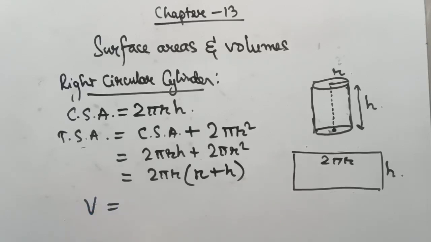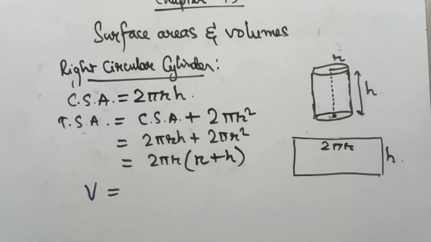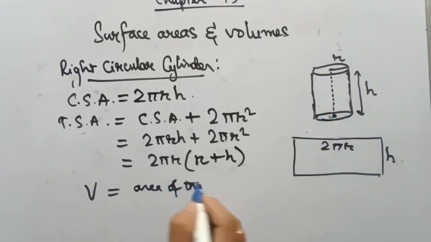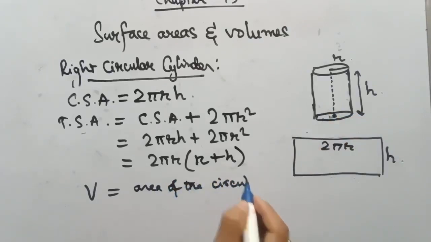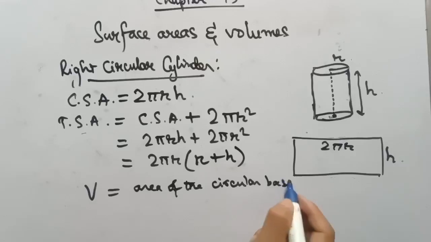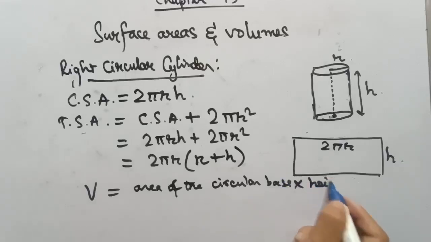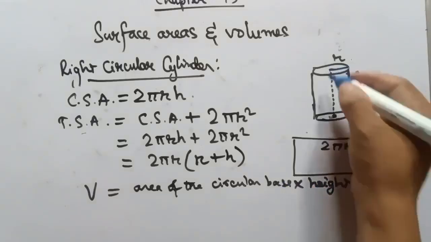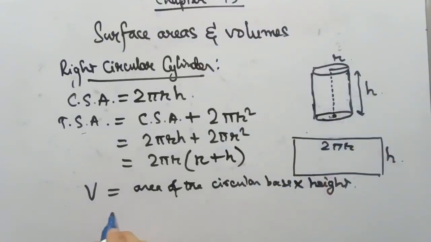The volume of the right circular cylinder will be given by the area of the circular base into the height of the right circular cylinder. The area of the circular base will be pi r square, into height h.